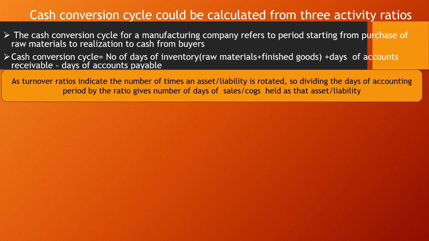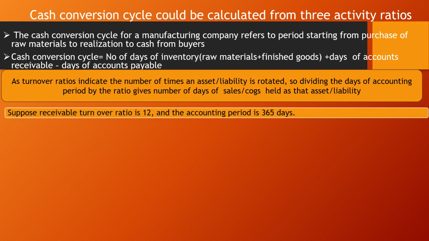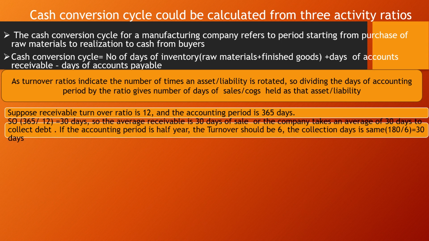As turnover ratios indicate the number of times an asset / liability is rotated, so dividing the days of accounting period by the ratio gives number of days of sales / COGS held as that asset / liability. Suppose receivables turnover ratio is 12 and the accounting period is 365 days. So 365 by 12 equal to 30 days approximately.